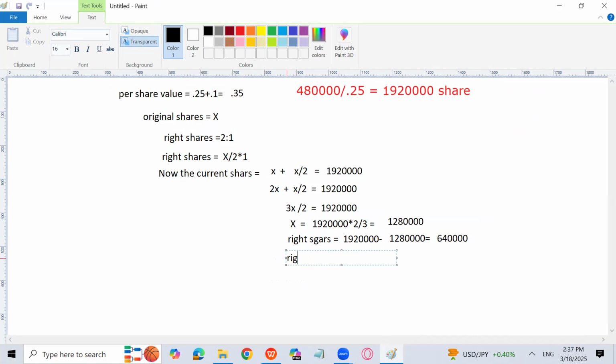The quota system says that the 12,80,000 is the old number of shares, and the right shares are issued with the quota system 2:1. 12,80,000 divided by 2 multiplied by 1. Again, you will get 6,40,000 shares. So you can use both ways, whatever suits you.